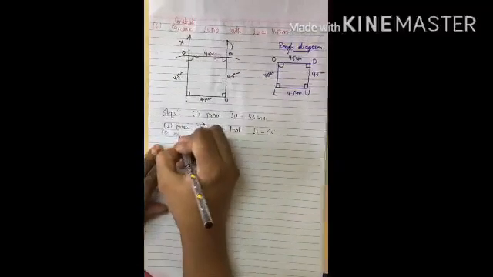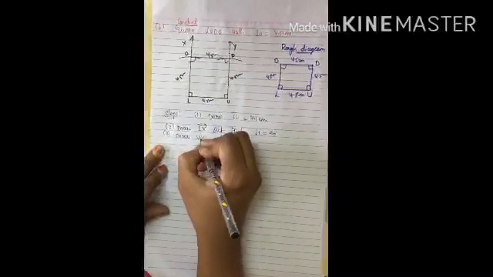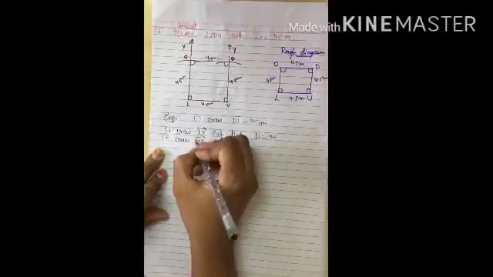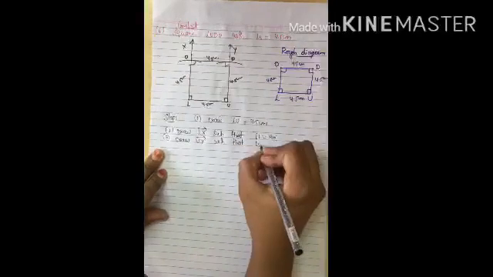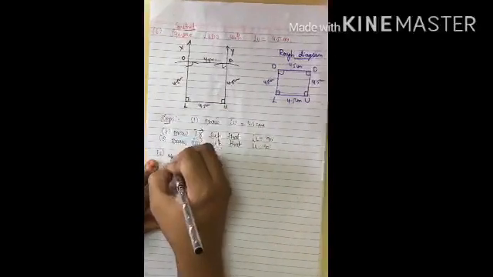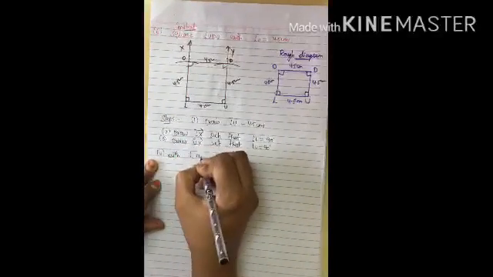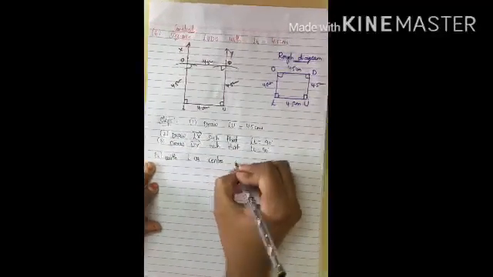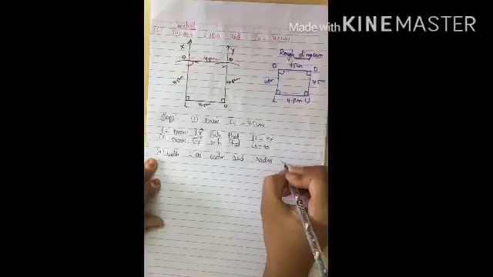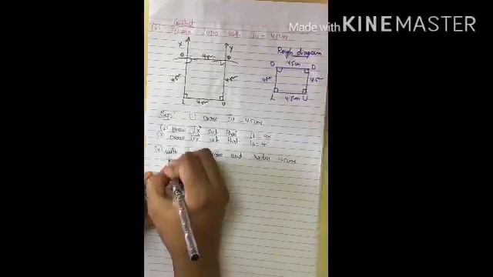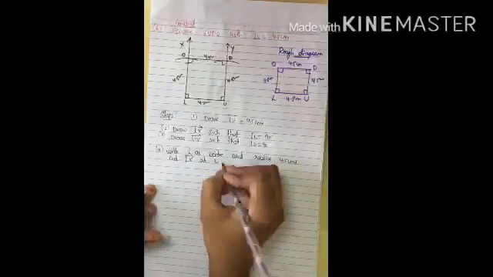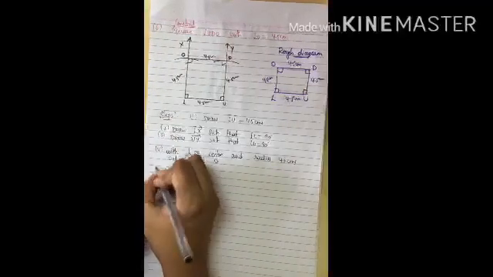Next, draw ray UY. So whenever you are taking an angle, you should write ray. Angle U as 90. Next, with L as center and radius 4.5 centimeters, cut ray LX at O. Here you are cutting at O.